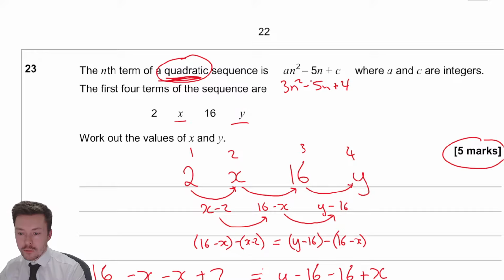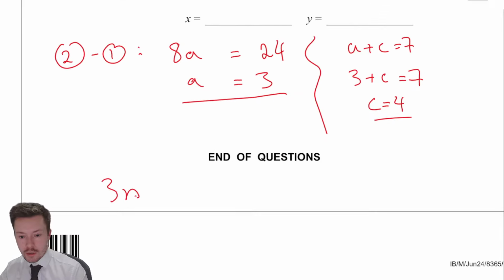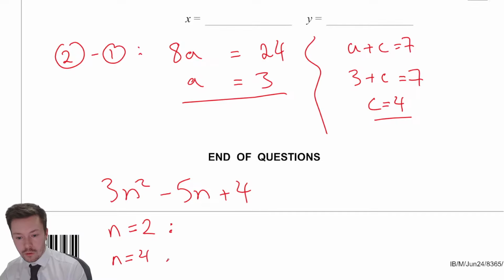So let's write this down here. 3n squared minus 5n plus 4. We need where n is 2 and n is 4.